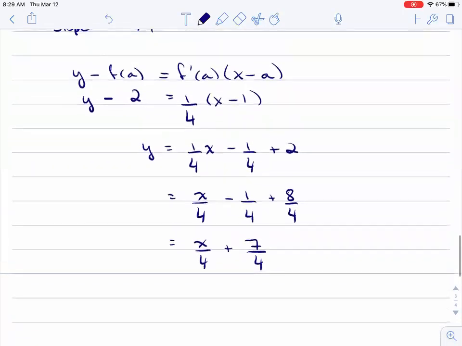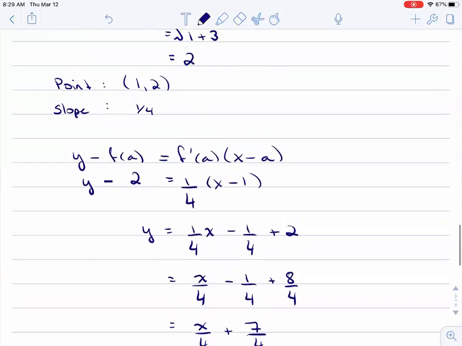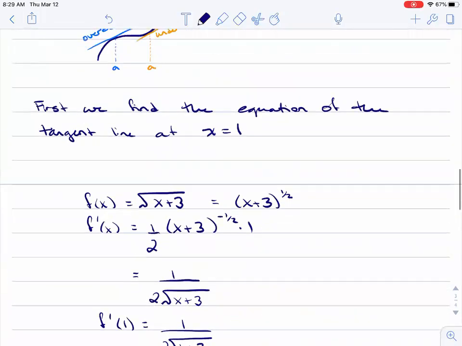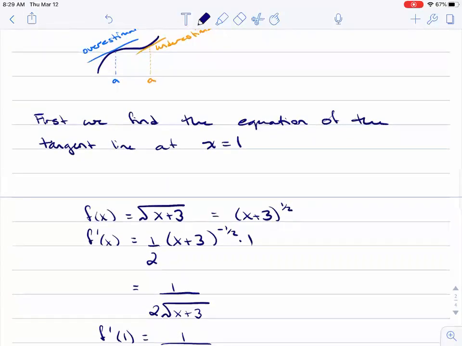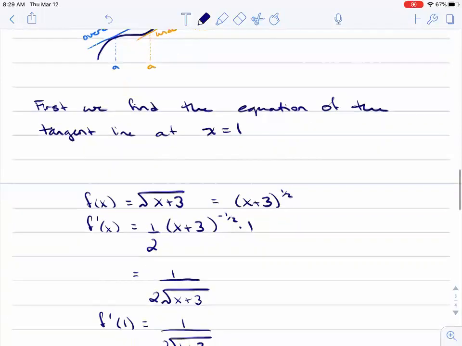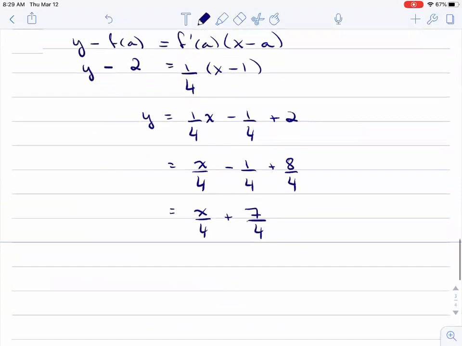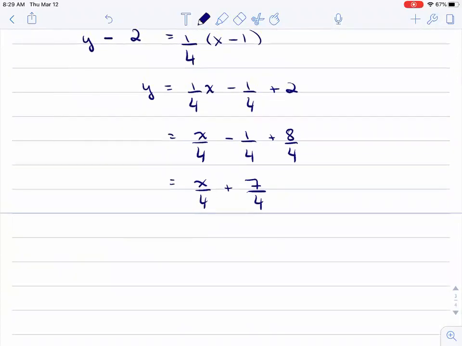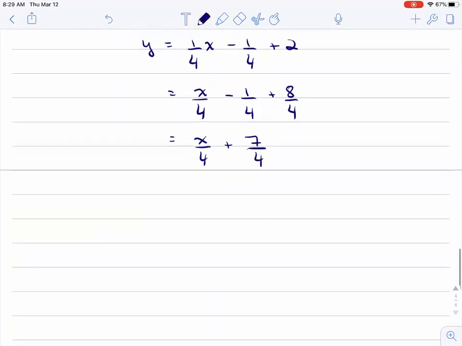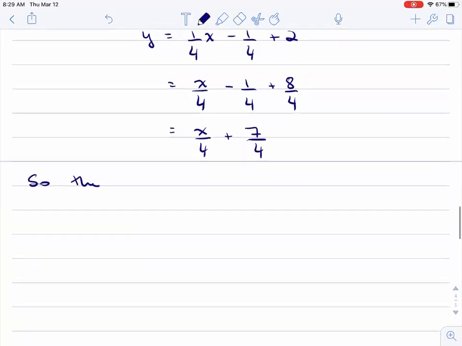So what's this saying? This is saying that for the curve of the root of x plus 3 at x equals 1, we can approximate what y or f of x is by using x over 4 plus 7 over 4.